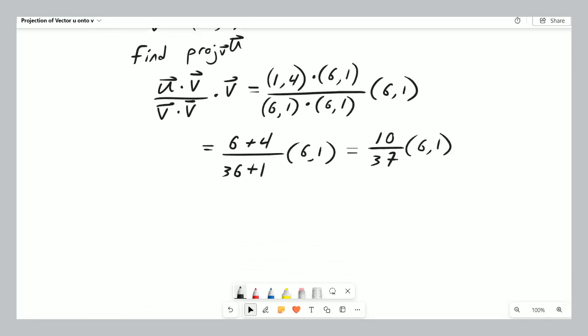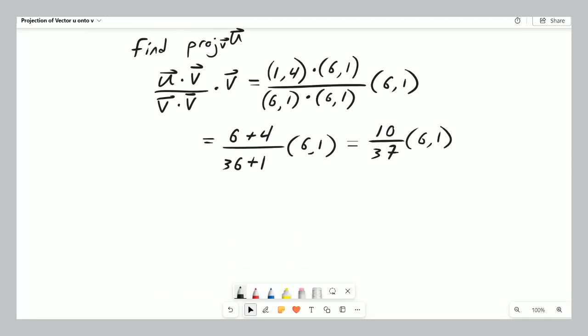Now, I do want to graph this, so let's put things in decimal form. 10 over 37 is approximately 0.27-ish, we'll call it 0.3.